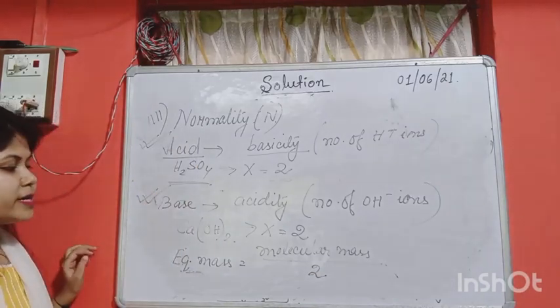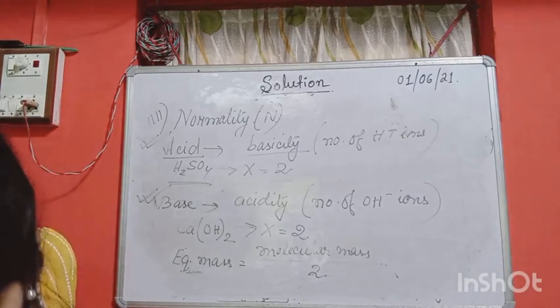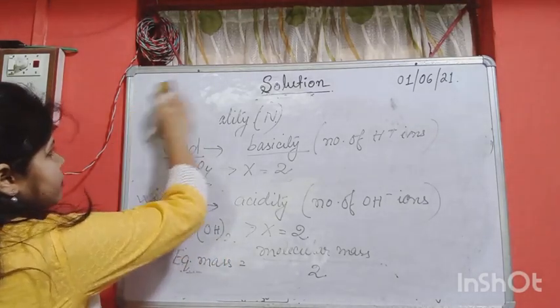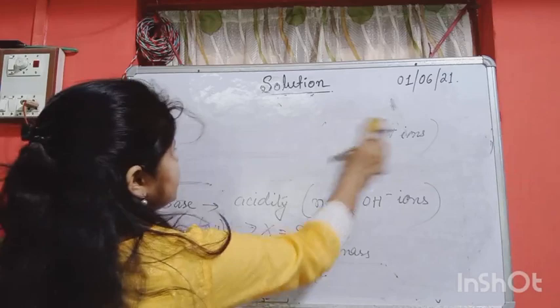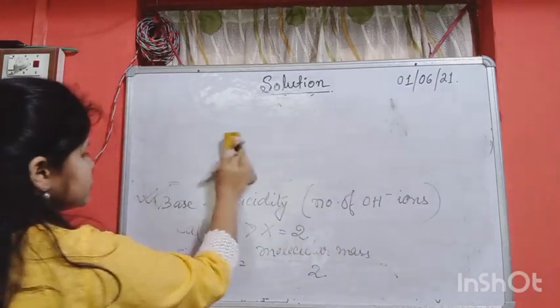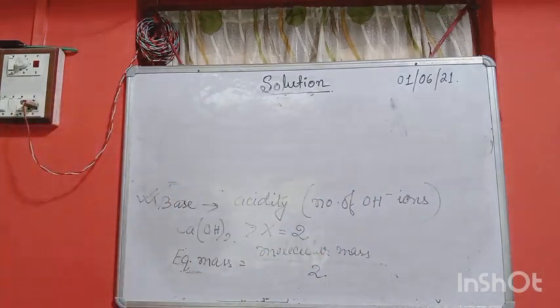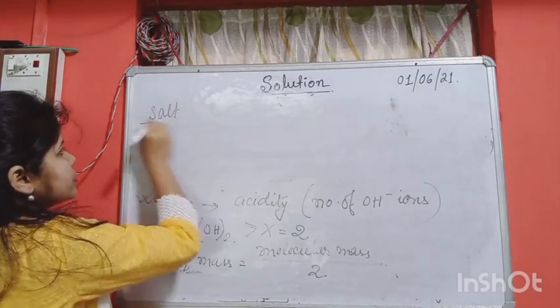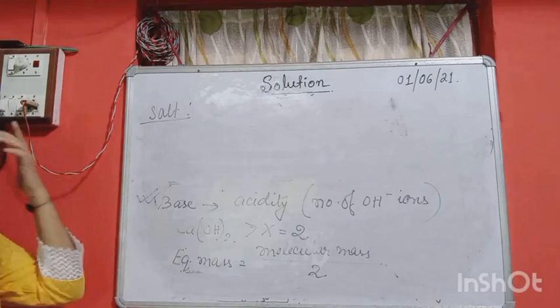Yes or no? Next, one more important one is there, that is known as salt. We need to find out the equivalent weight of any salt. So for salt, how will you find out?